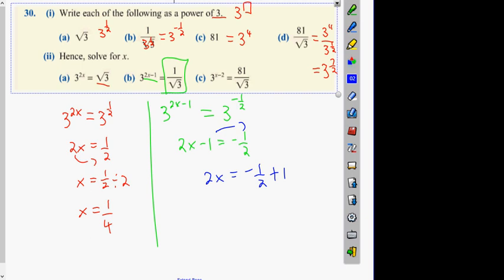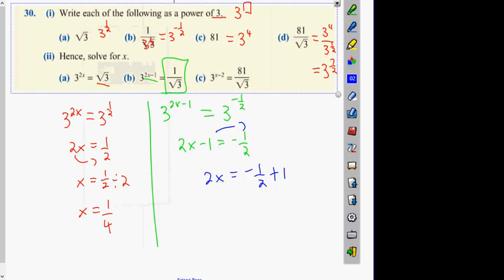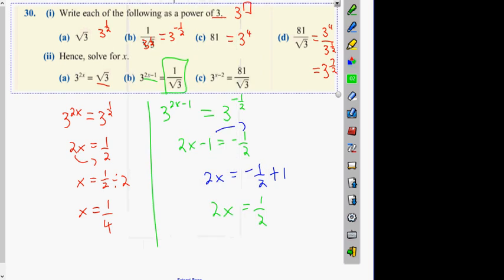It gets everybody, so spend the extra time putting it in. Plus a half is the answer: minus a half plus 1 is plus a half. You'd be surprised how often it goes wrong. Now 2x equals a half, so divide our answer by 2. Once again we get a quarter. So x equals a quarter.